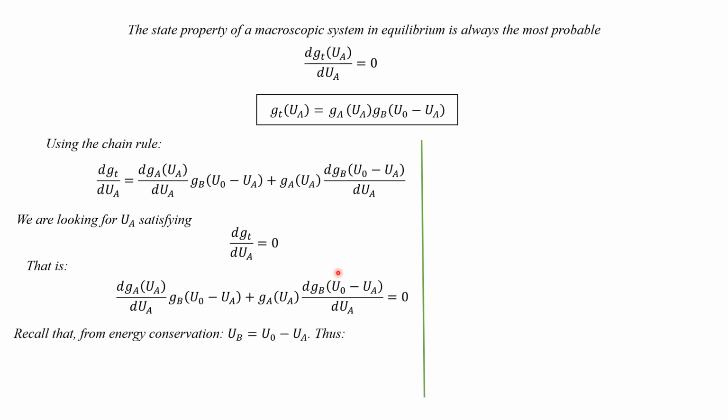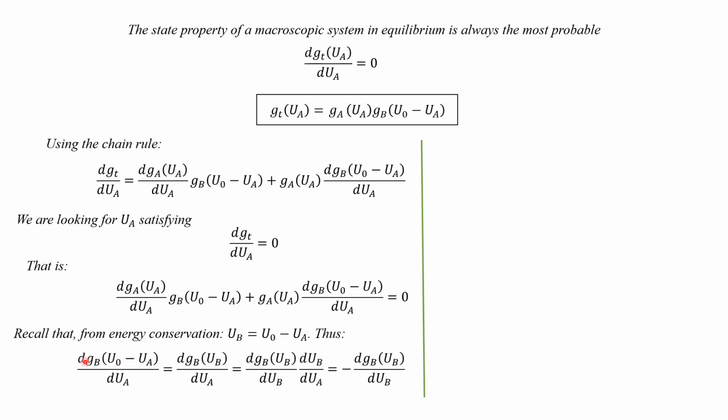Also recall that this term is the energy of system B, and it comes from the condition of energy conservation. So we can express this derivative in terms of the derivative with respect to the energy UB, again using the chain rule. So this derivative is the derivative of GB as a function of UB with respect to UA.